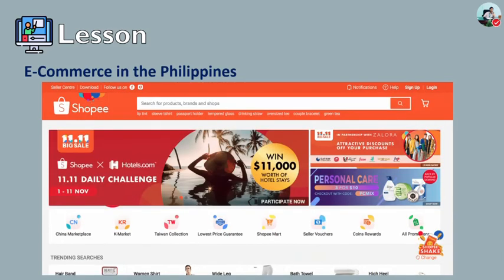So these businesses put their products on their website and the consumer or the customer will just click or search on the search bar for the particular products that they want to purchase.